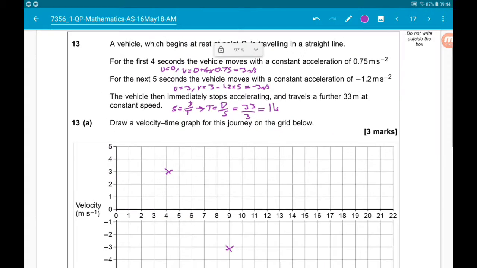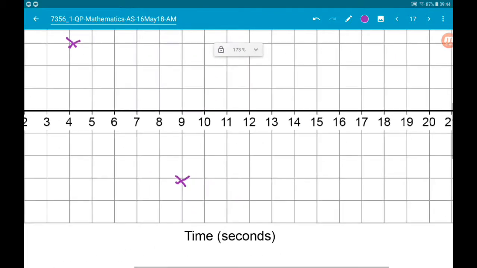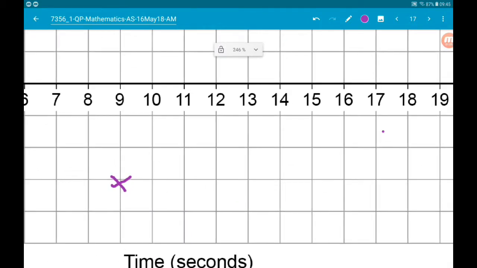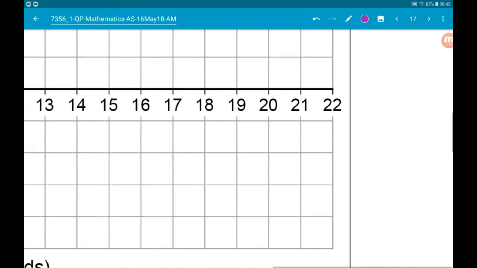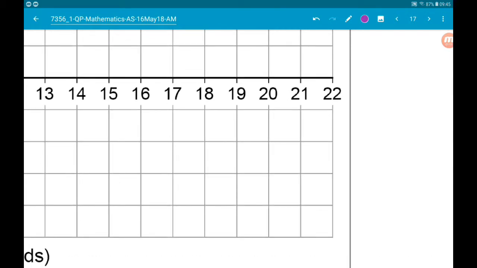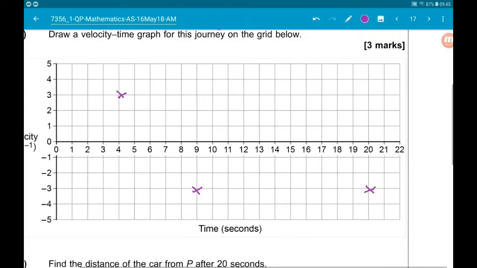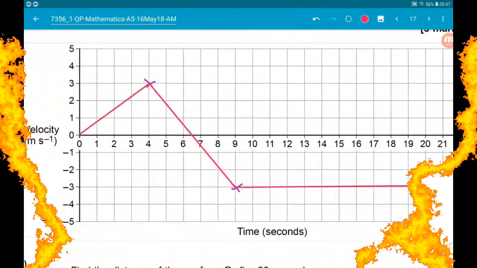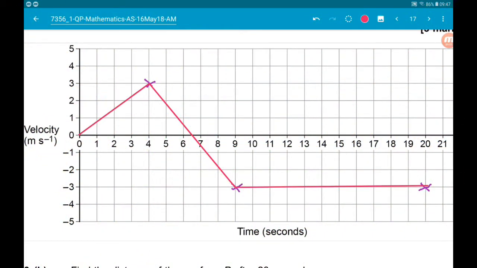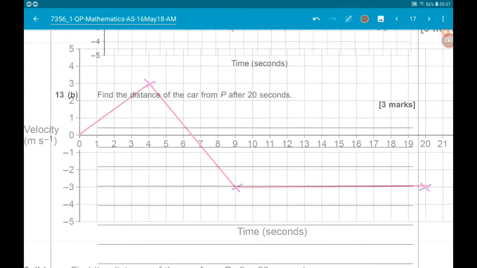So the final point we need to plot is 11 seconds later at the same speed. So that's going to be 20, minus 3. Okay, so now I just need to join up these points using straight lines. Okay, so that is our completed velocity time graph.